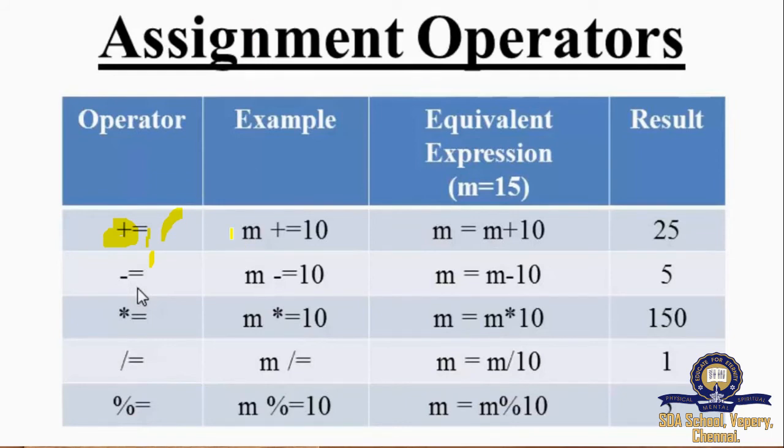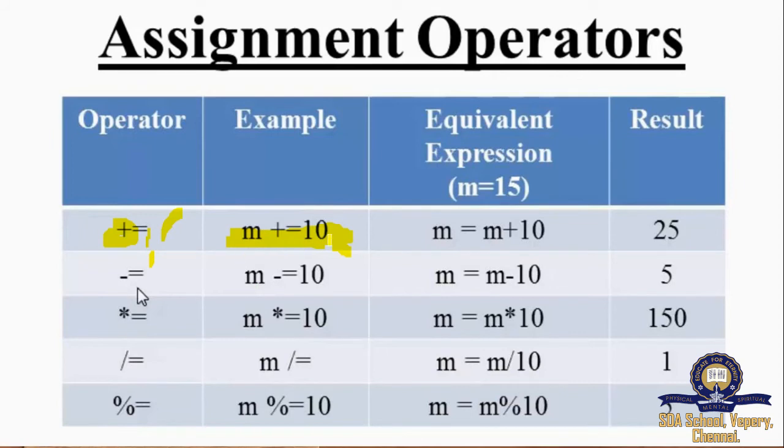So you will be writing the statement like m plus equal to 10. How can you calculate the value? We have to write this m plus equal to 10 as m equal to m plus 10. So m, we have to write it again, m equal to m plus 10.